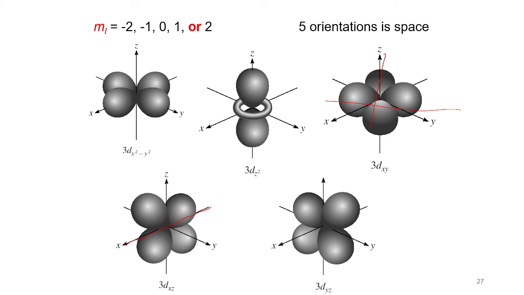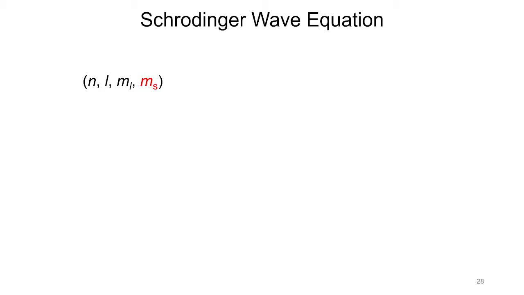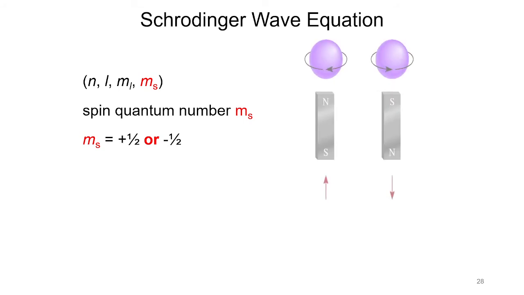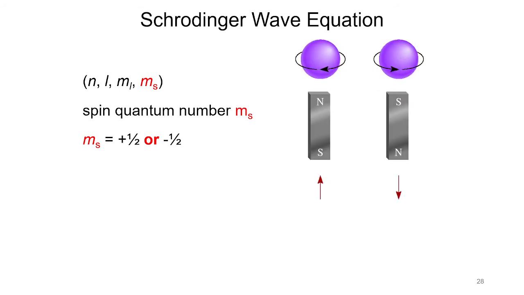Okay. So for the last quantum number, we have the M sub S. M sub S is what we call the spin quantum number. By spin, this only entails the direction of the spin of a certain electron. It can be positive one half or negative one half, depending on the direction of the spin, much like our magnets.